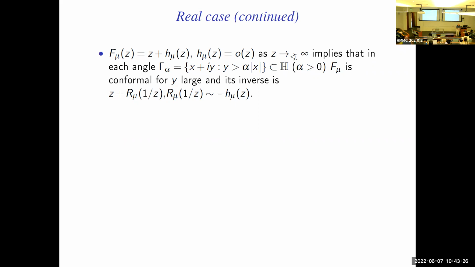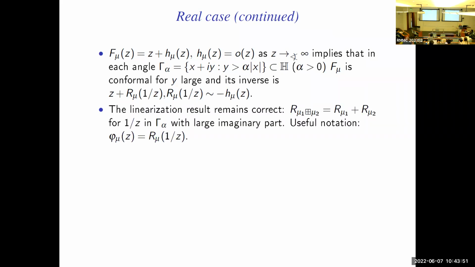You have a function which is the identity plus something small relative to the identity, and I'm saying that the inverse is z minus that same thing, right? So the function F moves you in the direction h_mu of z a little bit, and the inverse is going to move in the opposite direction. h_mu is a continuous function; it's an analytic function. So asymptotically speaking, you've got that going for you.